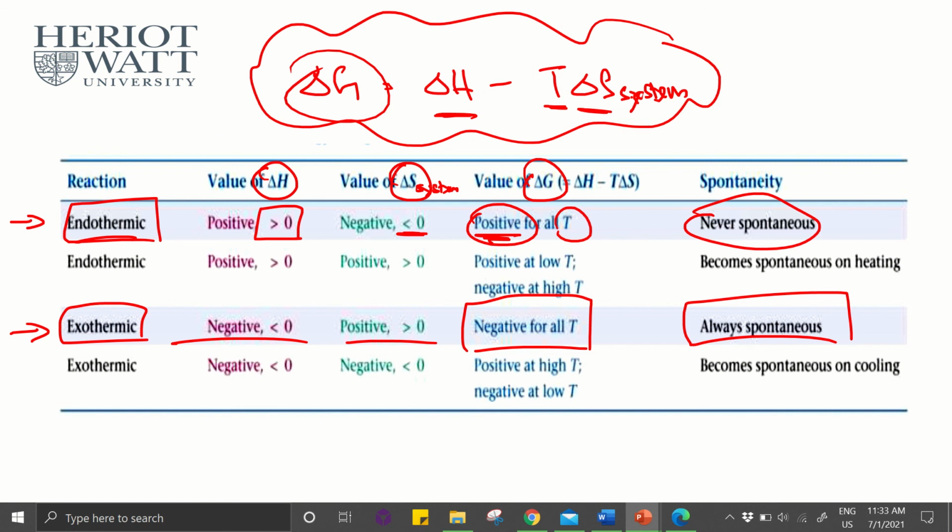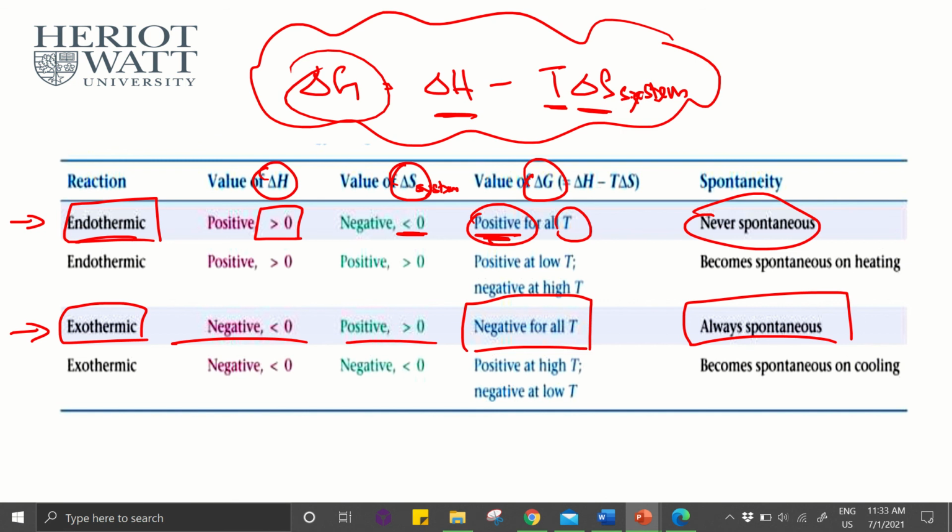So when you look at the data given, if the enthalpy change is negative and the entropy is positive, straight away you can tell the Gibbs free energy is always negative, which is always spontaneous.